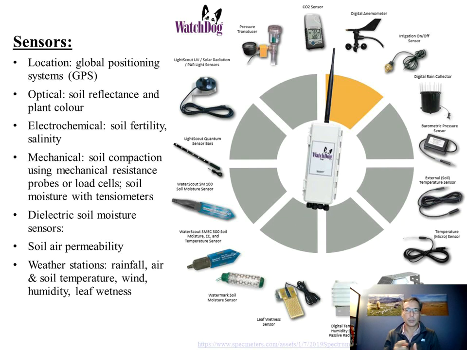You could be measuring soil moisture, soil fertility content, electrical conductivity, the air content or permeability in the soil. In terms of the plants, you could be measuring the color of the plant by the reflectance of light. You could be looking at the moisture status on the leaf surface that suggests disease susceptibility and so on.